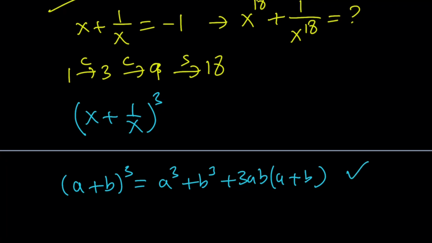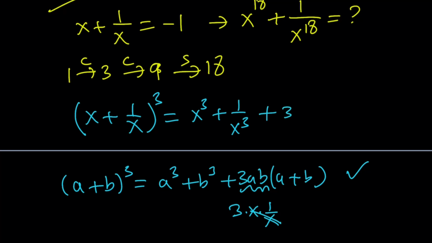So this is a really helpful identity. If we use that, notice that 3ab is 3 times x times 1 over x, which becomes a 3 automatically. So this becomes x cubed plus 1 over x cubed plus 3ab, which is 3, times a plus b, which is x plus 1 over x.